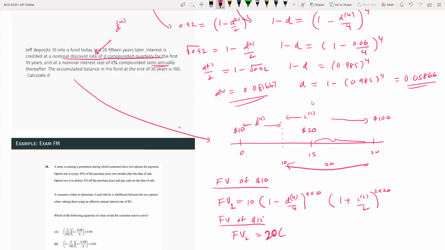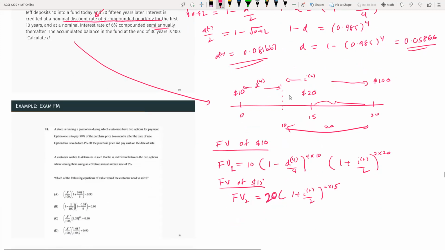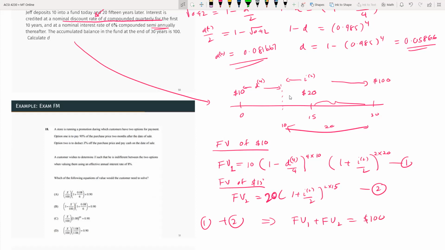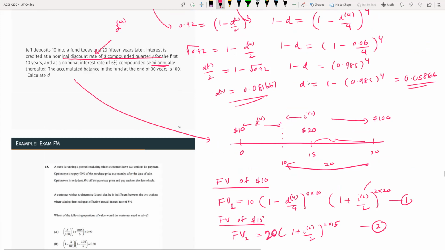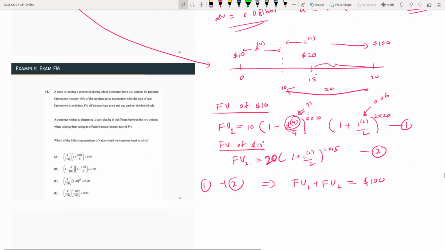The rate is the nominal interest rate, 6% annual, so 2 times 15. When you add these two, that should give you $100, future value 1 plus future value 2. Again, some rates are given. This one is given as 6%. This is what you want to find. So only one unknown and one equation.